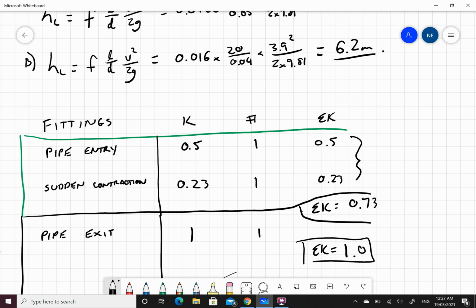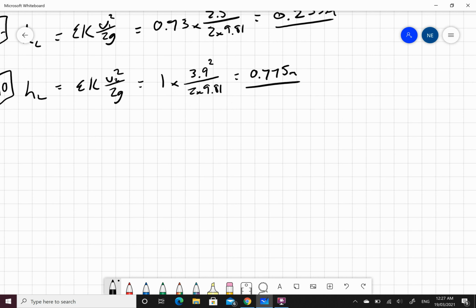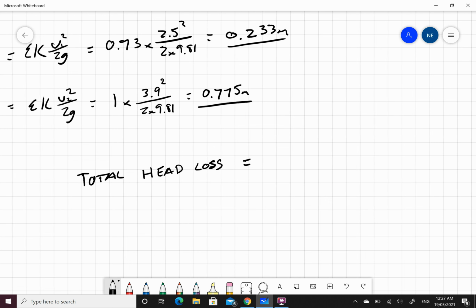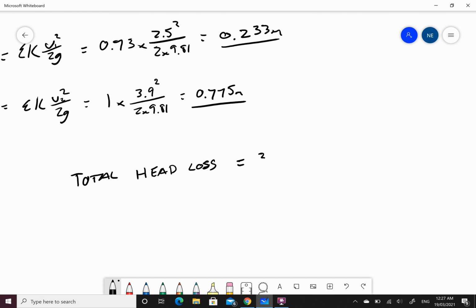Now what I can do is add them up. So my total head loss equals 3.21, which is my loss due to friction in pipe 1. 6.2 is my loss due to friction in pipe 2.